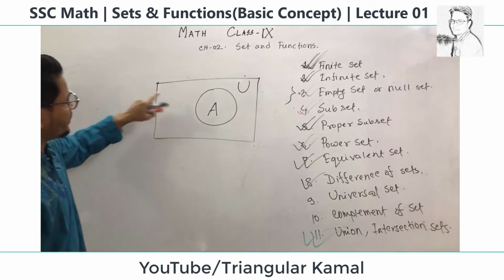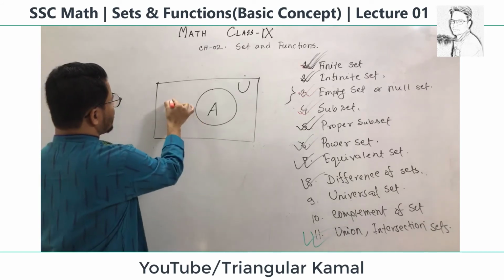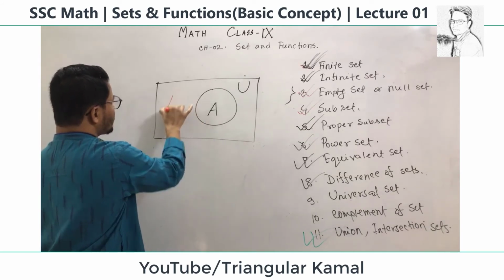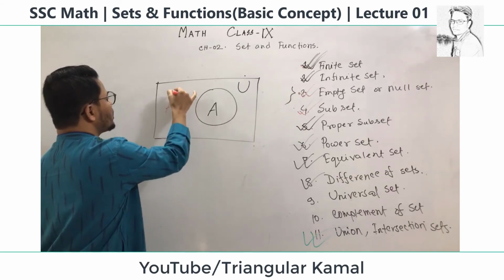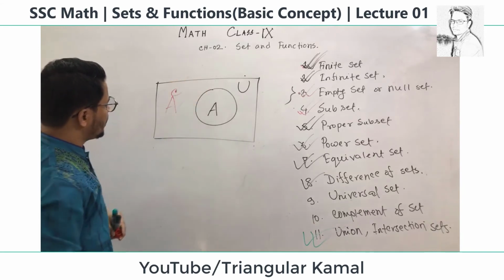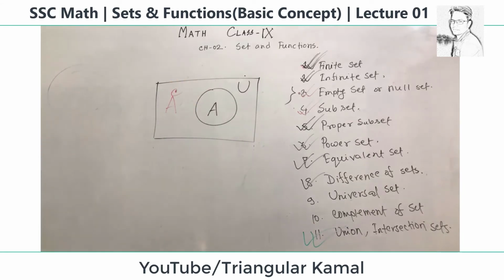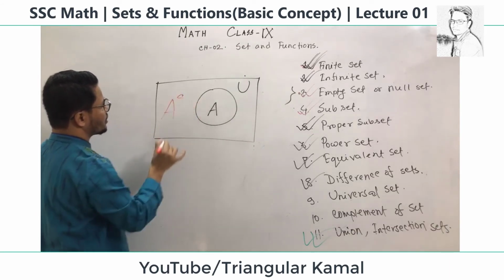And this is the outside. The outside ones are students of the scholarship school, but not in class 9. So we can say here the complementary set, A to the power C, or like this one, A C complement.